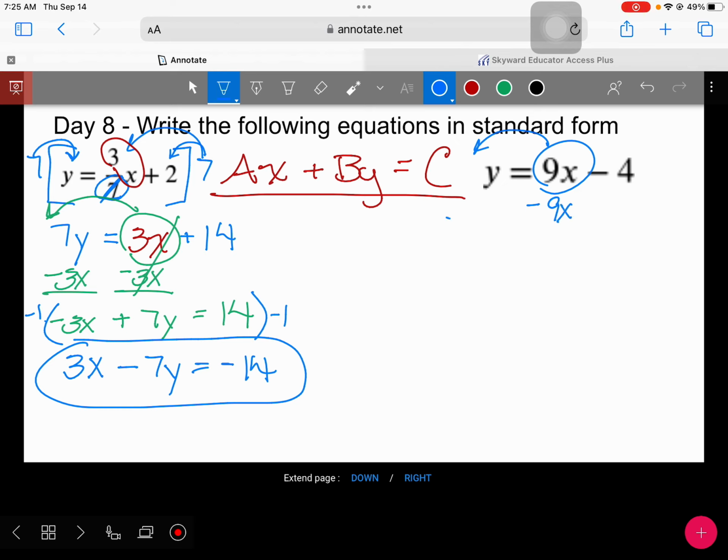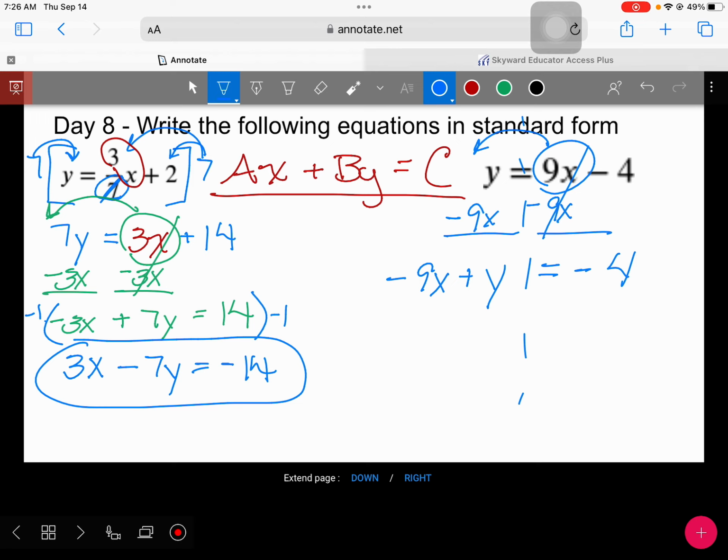So I'm going to subtract 9x from both sides of the equal sign. Make sure your equal sign is the divider, the boundary. The 9x's cancel out. And we want the x term first, negative 9x, plus y equals negative 4. Can I stop there?